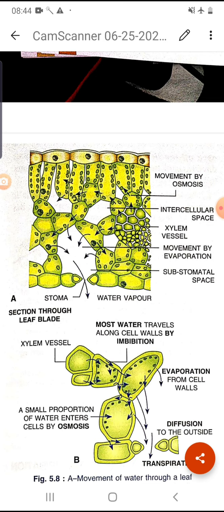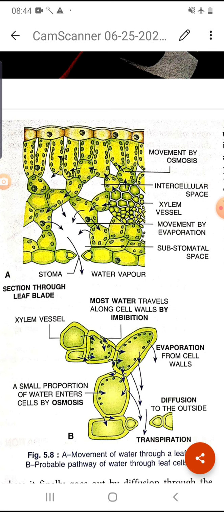From each cell, through diffusion, some water comes into the intercellular spaces, and from there it forms water vapor. They combine in this white portion, the intercellular space, and go out through the substomatal space and the stomata to the environment.